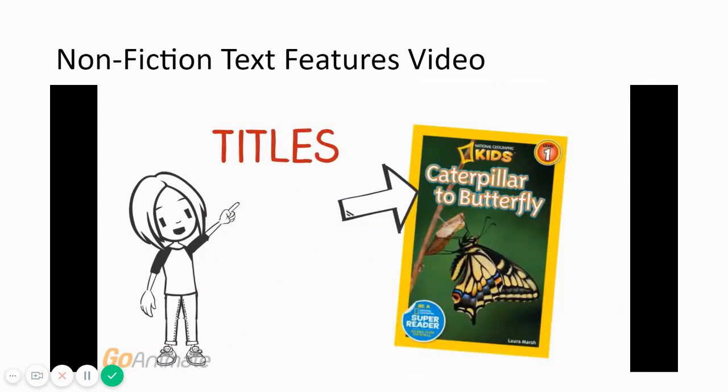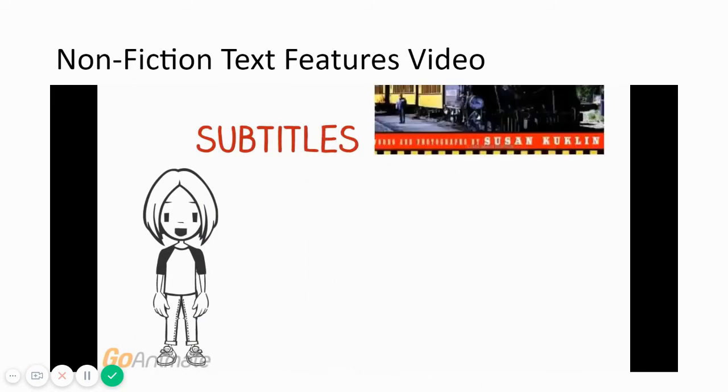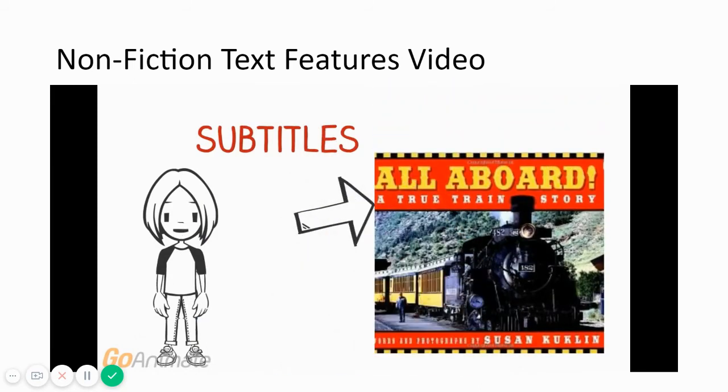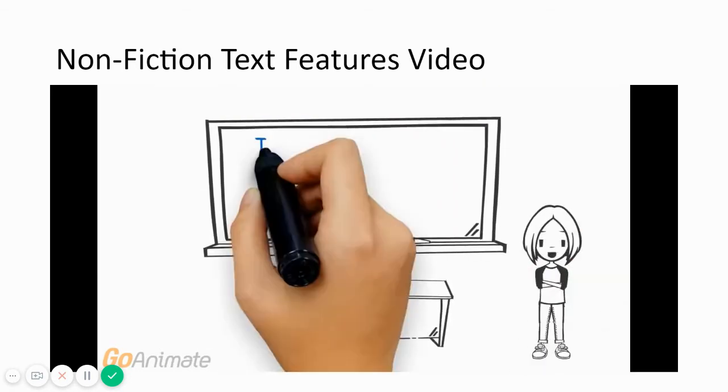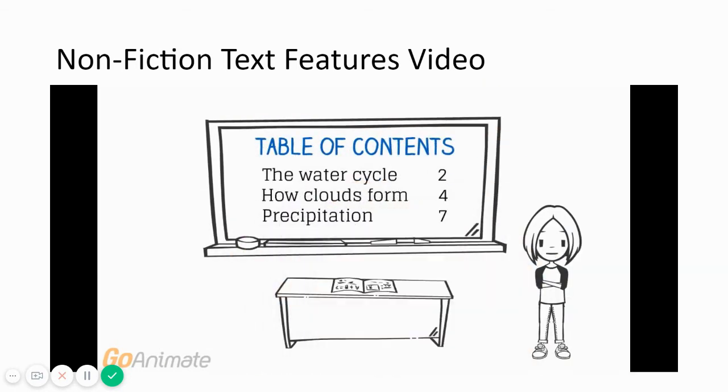They tell you what the book, article, or chapter is called. Some books and articles have subtitles. The subtitle gives more information about the title. The beginning of a nonfiction book or article often has a table of contents. The table of contents tells you on what page each chapter or section begins.